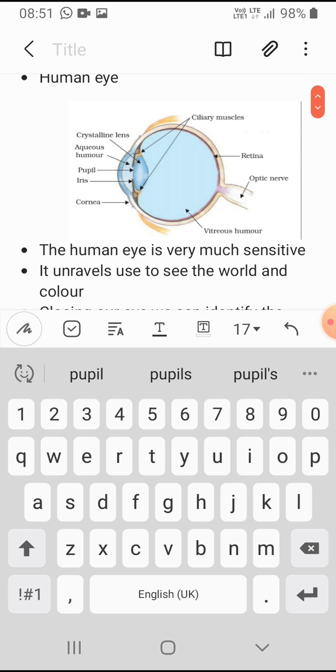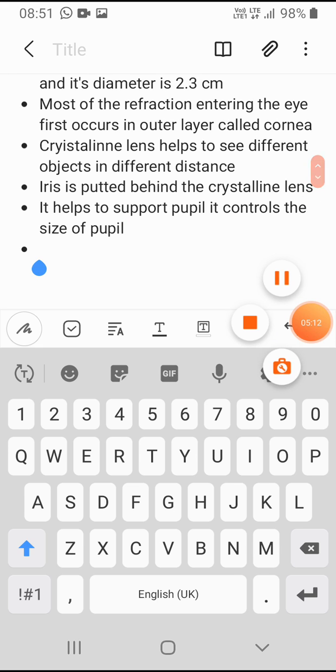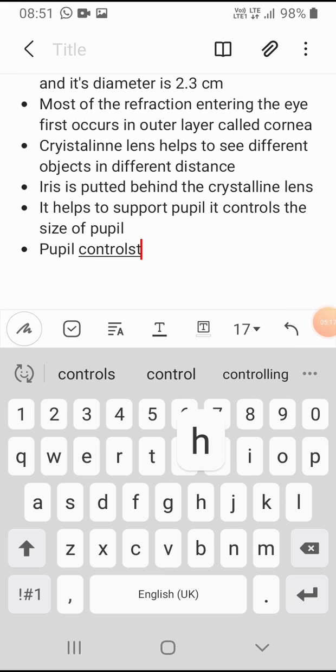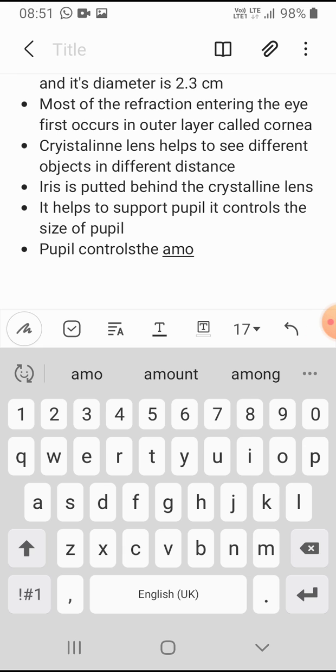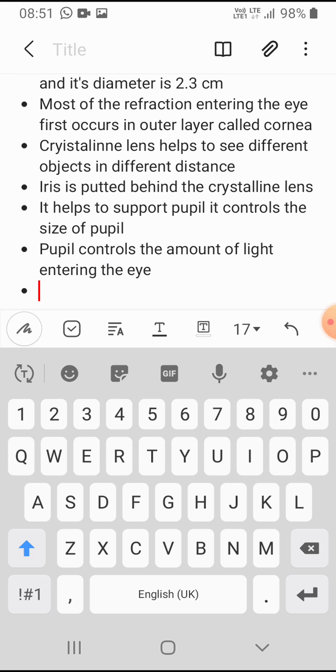See here, this is the pupil. The pupil controls the amount of light entering the eye. How much light should enter the eye, it controls. If there is more light, then it controls it.